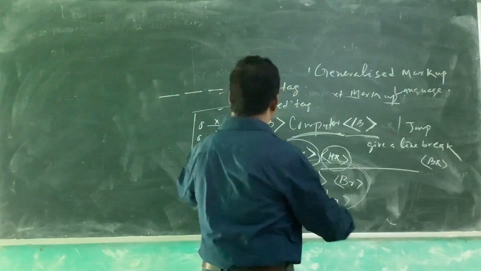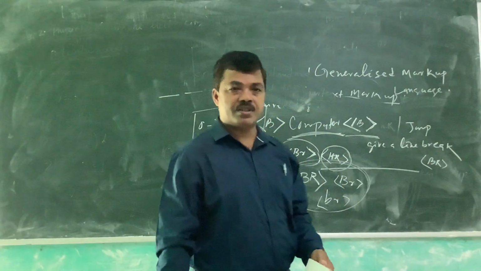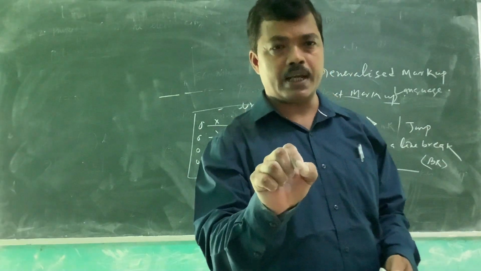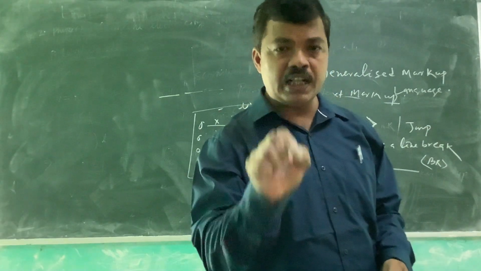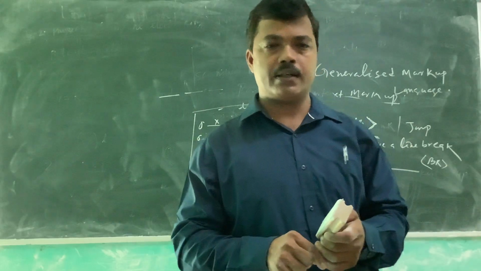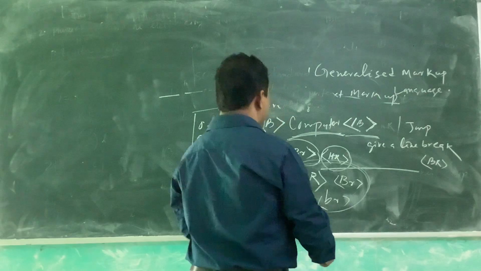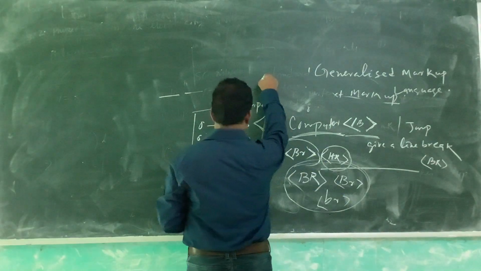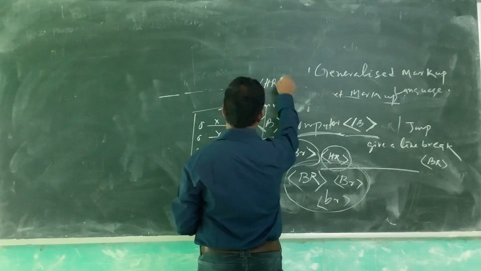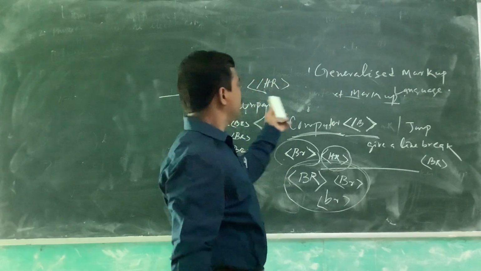So an unpaired tag means there is only a single tag. There is no ending tag, no closing tag. So here there is no slash HR.